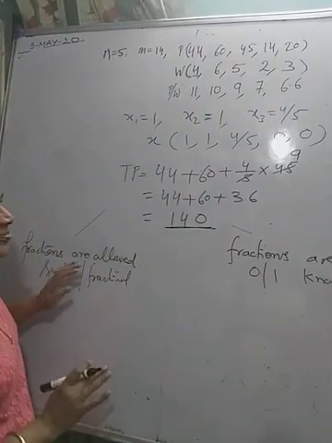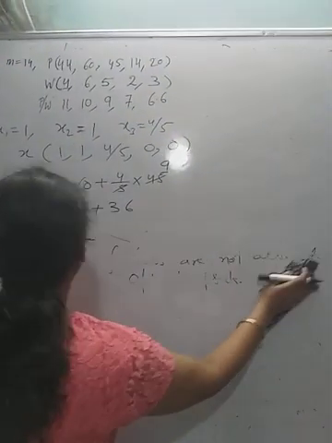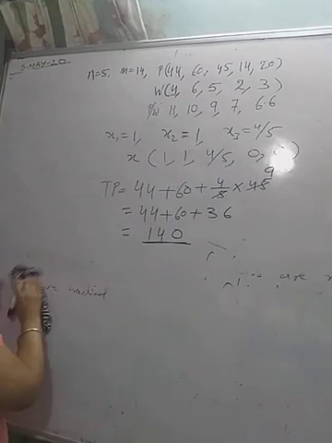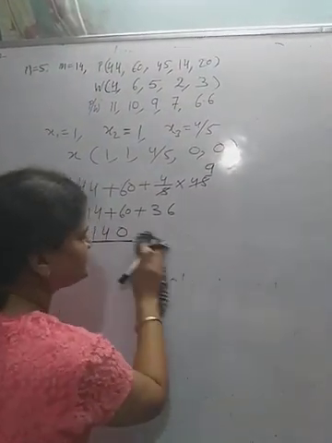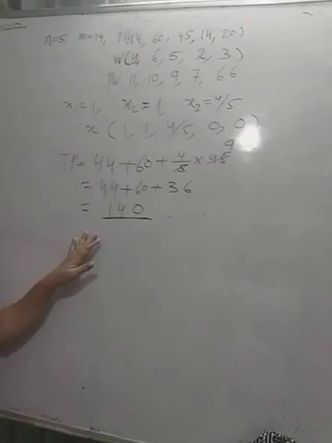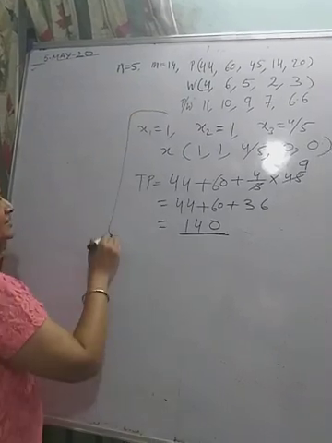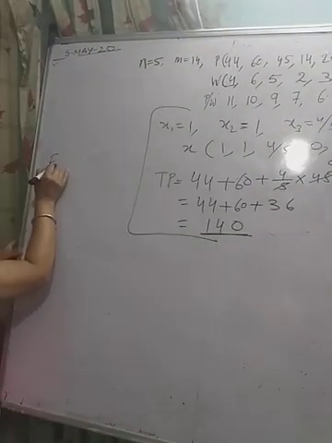Now this is the profit, and all of you have solved this problem using 0-1 knapsack. 0-1 knapsack means when the fractions are not allowed. So this is the solution when fractions are allowed.